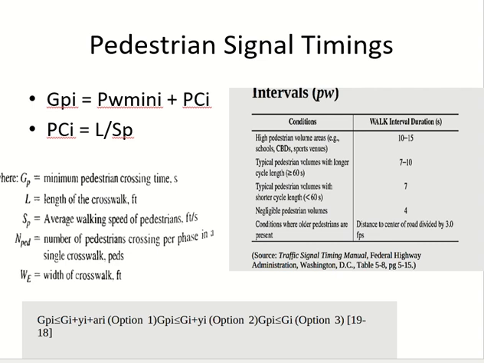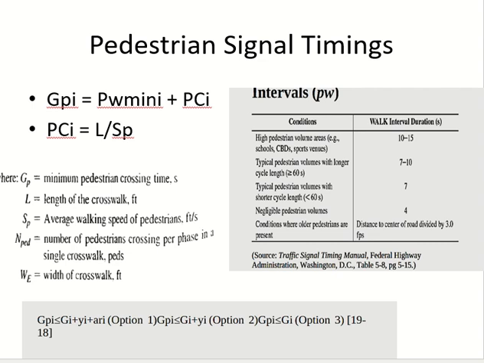For that we have some standards. So you can see a table here. If you look into some other book, you may find different values as well, but the minimum time is usually taken from the standards. It depends upon in which area your signal is and how much is your cycle length.